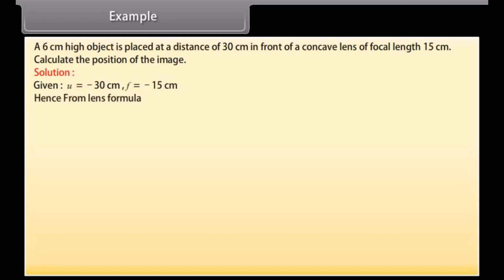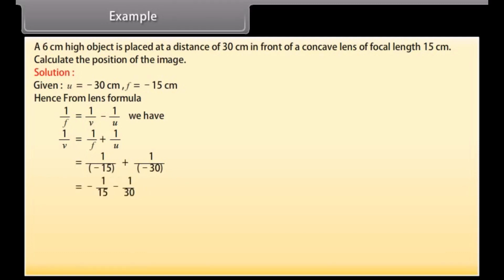Hence, from lens formula, 1 upon F is equal to 1 upon V minus 1 upon U. We have 1 upon V is equal to 1 upon F plus 1 upon U is equal to 1 upon minus 15 plus 1 upon minus 30 is equal to minus 1 upon 15 minus 1 upon 30 is equal to minus 3 upon 30, or V is equal to minus 30 upon 3 is equal to minus 10 centimeters.